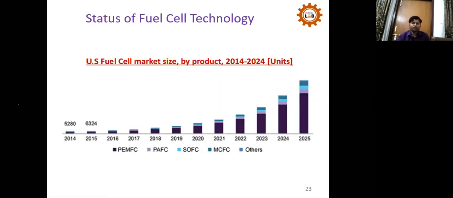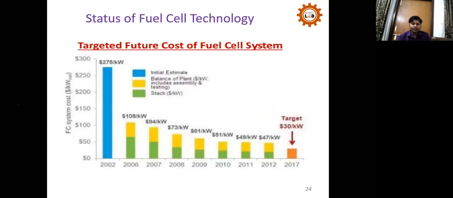This is a prediction for the US, showing how the market for fuel cells is increasing. Why is it increasing? Because you can see the cost is also decreasing. Since the cost is decreasing, it is becoming cost competitive with the other technologies.